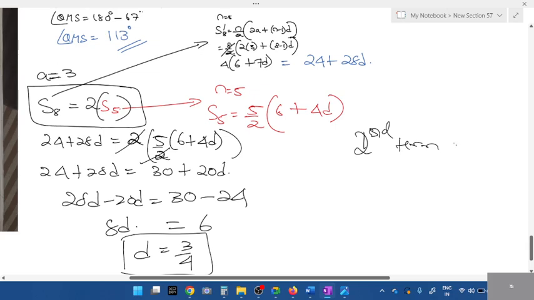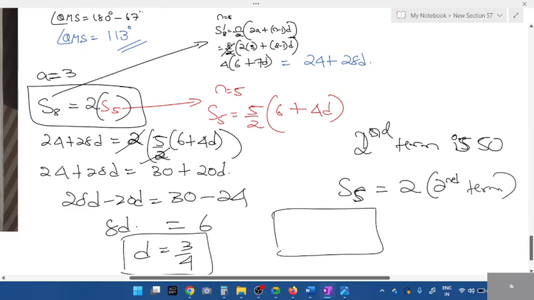Second term is 50, and the sum of the fifth term is equal to twice of this second term, like this. So take S of 5.